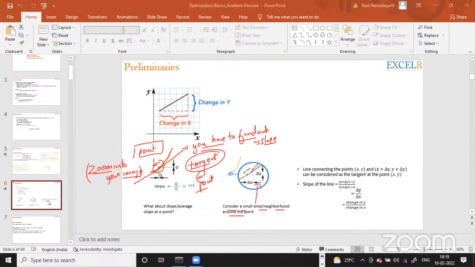Once you have identified the small region, the small neighborhood, you can apply the formula of y2 minus y1 and x2 minus x1, and you can find out the slope of your curve at that point.